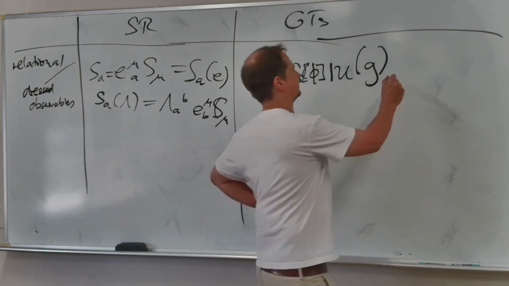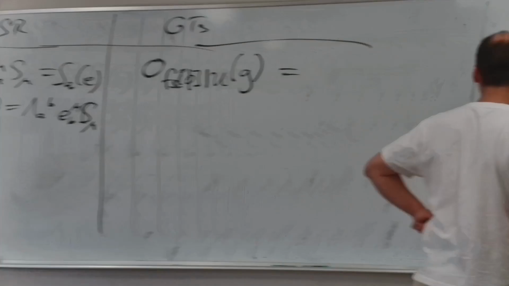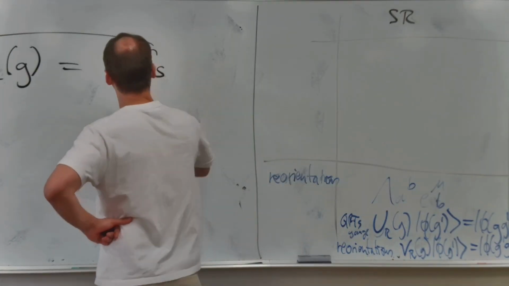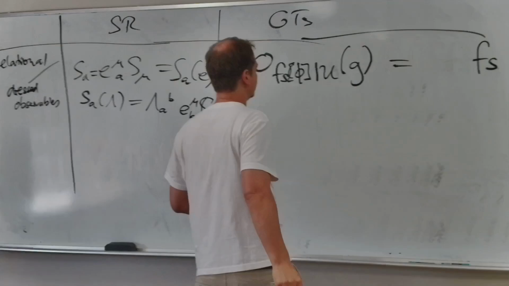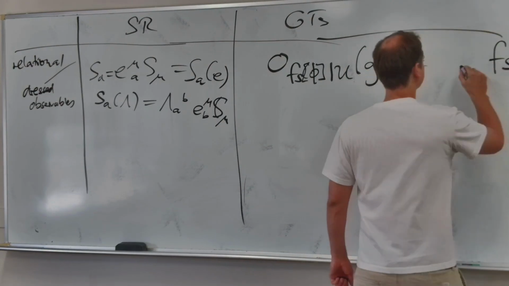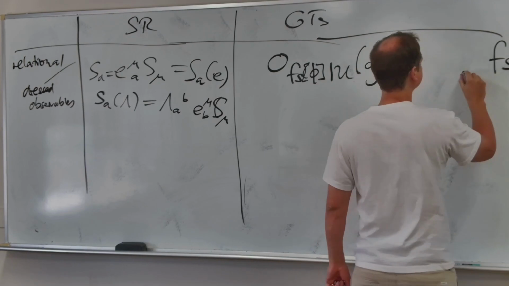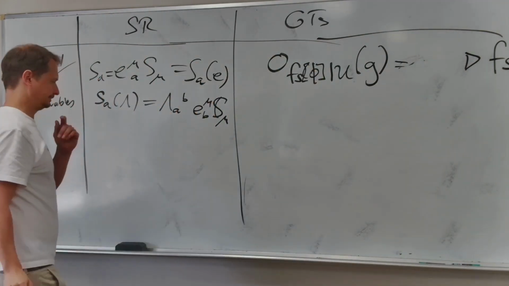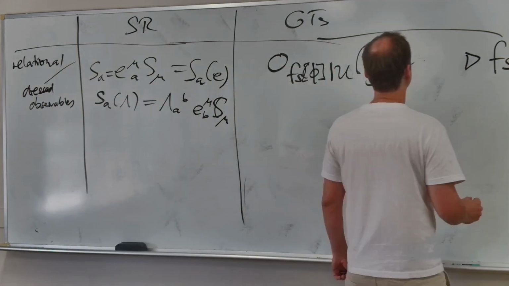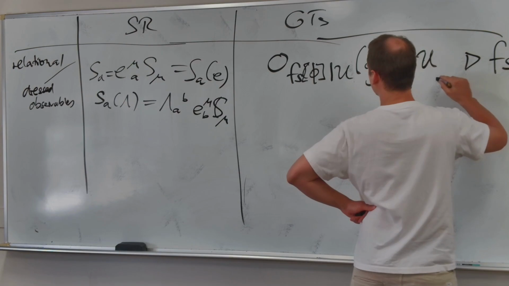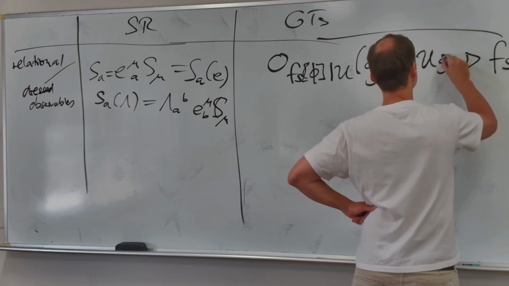And then what we're going to do is, we have some functional F_s, and then we're going to dress this by a group action by U inverse.